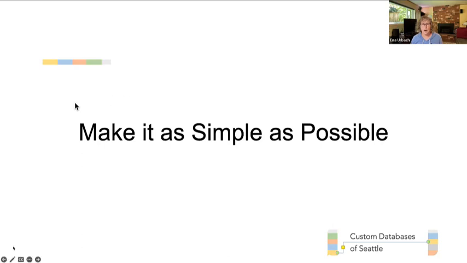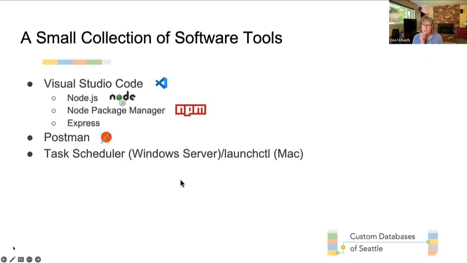So I came up with a small collection of software tools that I'm sharing with you. The most useful thing that I found is a combination code editor and terminal for running the code, which is called Visual Studio Code. And you can download it for free using the link that I've provided.